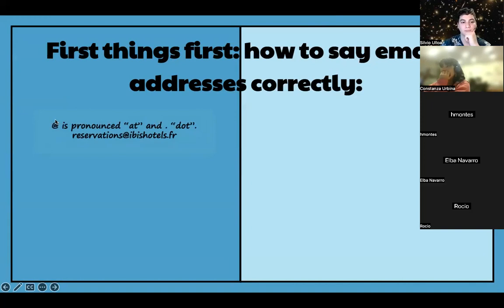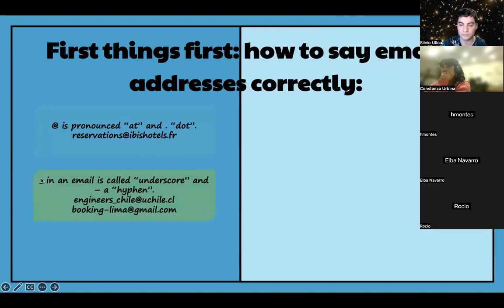This symbol is pronounced at. And this symbol in emails is pronounced dot. For example, this email is read as reservations at IBIS hotels.fr, right? So at and dot.